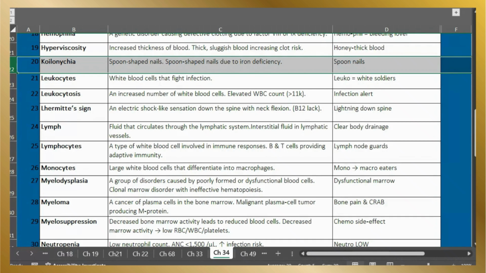So we know the spoon nails are associated with iron deficiency anemia. So this is a good indicator. So think about those spoon-shaped nails.